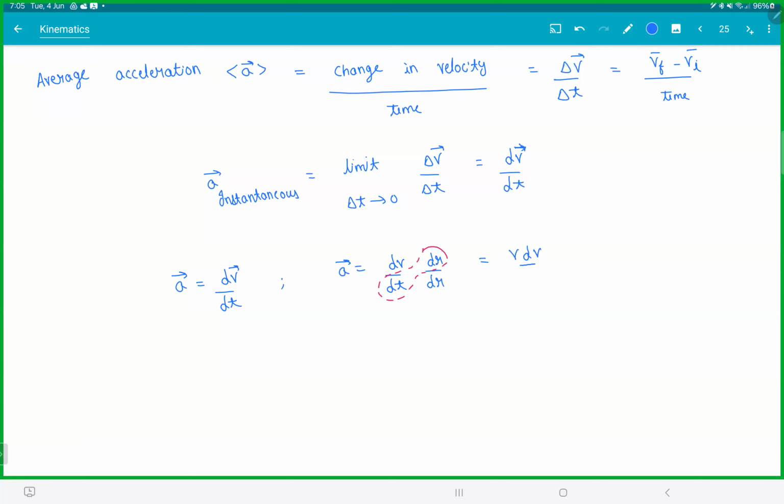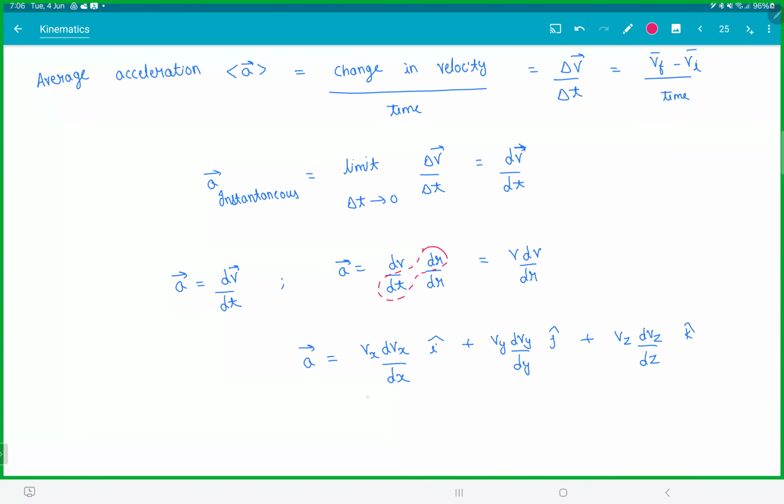So we get v dv by dr. So a proper form is vx, meaning velocity in x direction, change in velocity in x direction by dx, i cap. So this is a proper vector format when you are writing this. Vy dvy by dy, j cap. Vz dvz by dz, k cap.